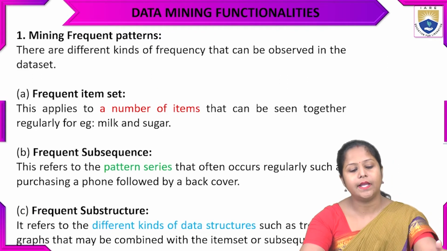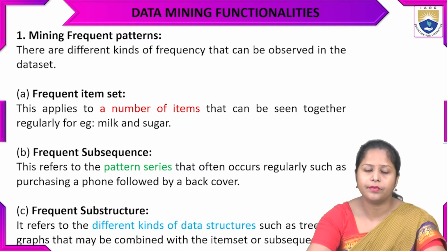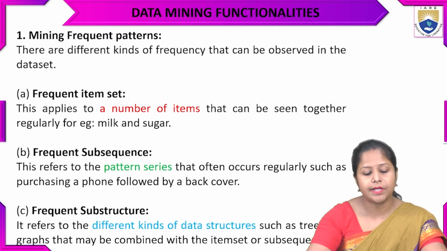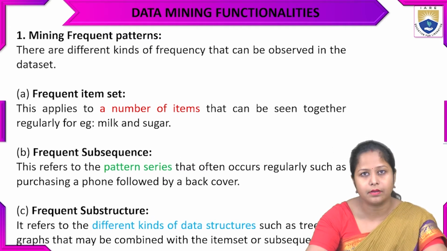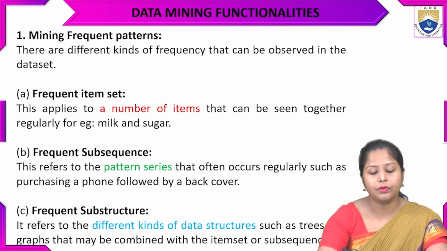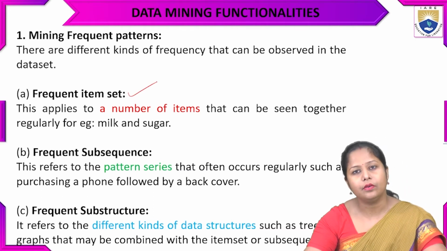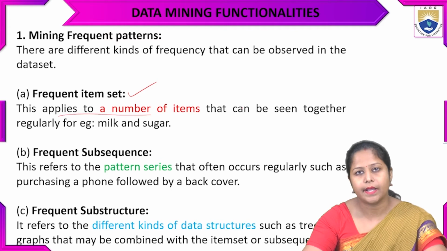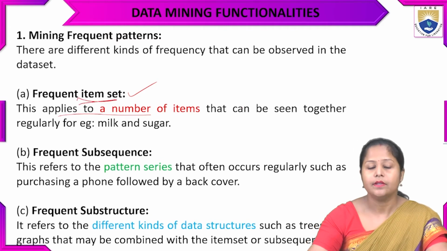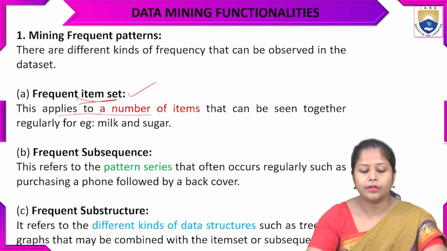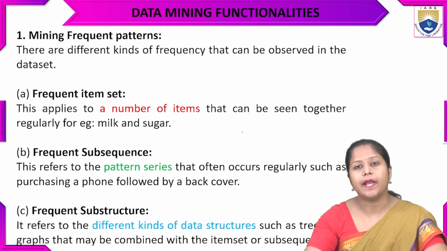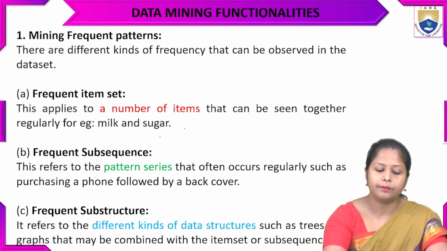First, we can take an example for mining frequent patterns. There are three types of frequent patterns. The first is the frequent itemset. As the name suggests, this applies to a number of items that can be seen together regularly.